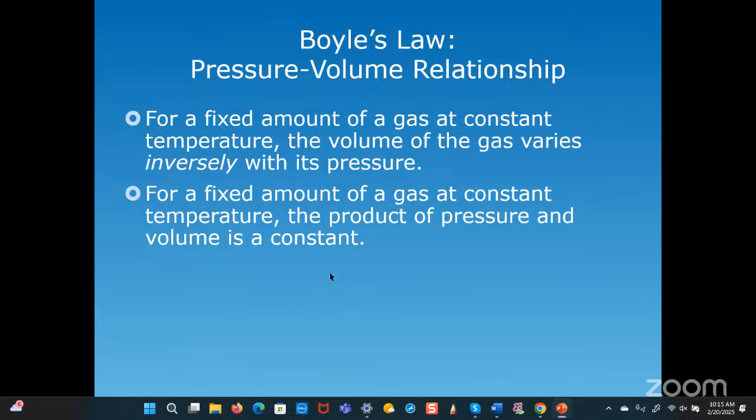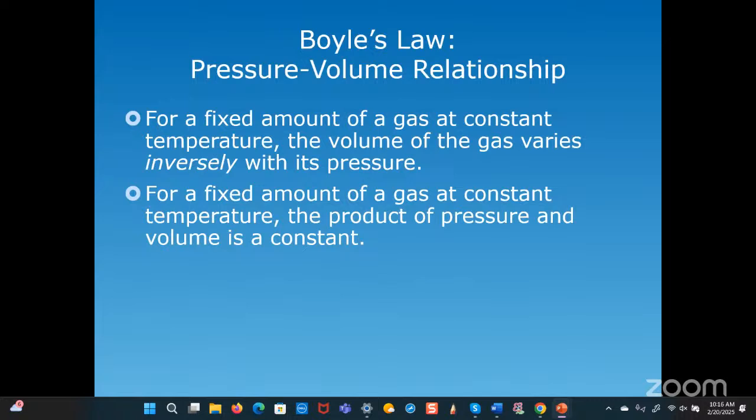Another way of expressing Boyle's law is this right here. For a fixed amount of gas at a constant temperature, the product of the pressure and the volume will be constant, right? So basically the pressure times the volume is going to be equal to a constant. And for those of you who enrolled in my lab, which I think is all of you except one, you're going to see this at work in one particular experiment that we're going to do later on.